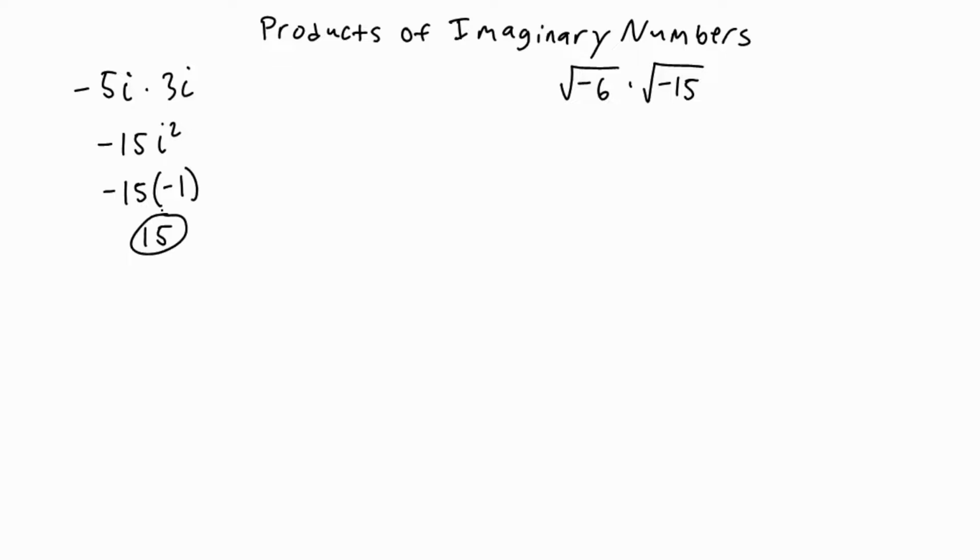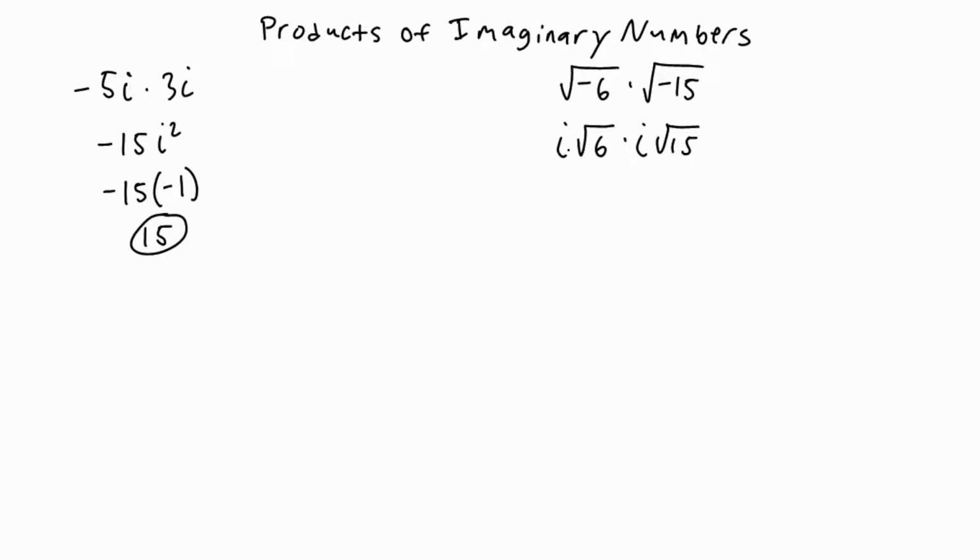In the second one, first we're going to have to pull out the i. So in each one of these, we rewrite it as i square root of 6 times i square root of 15, because we're pulling out the negative under the square root.